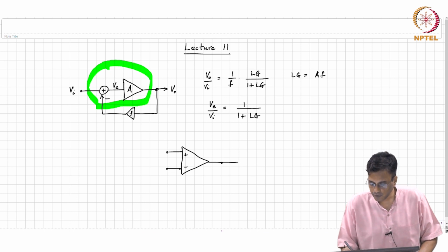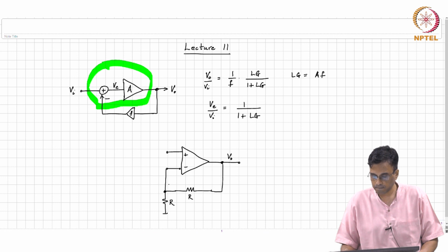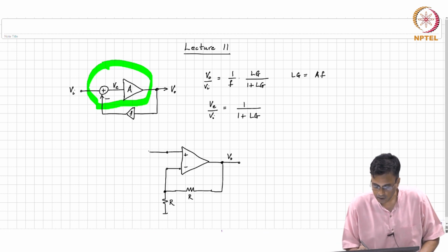Well, that is very straightforward. We just stare at the block diagram. We want a feedback block with a gain of half. So, you put R there, you put another R there. So, this is VO and this is VO by 2 therefore, and this is Vi.